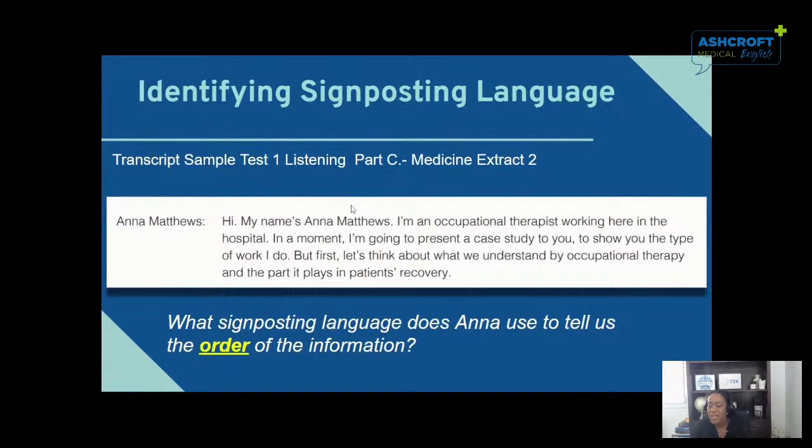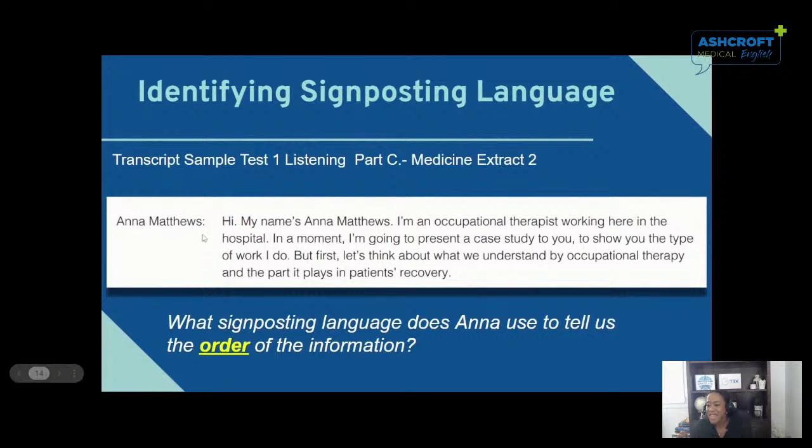Okay, so this is available on OET.com if you go to the sample test section. So if you want to go to this at the end of the session, that's what you need to do. Anyway, going back to identifying signposting language.